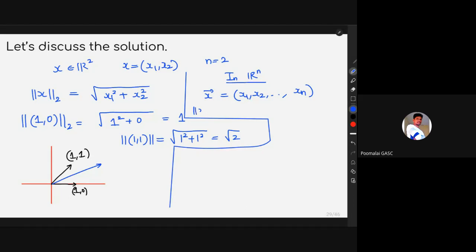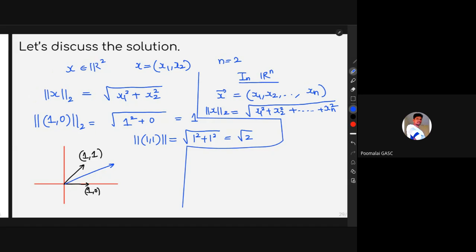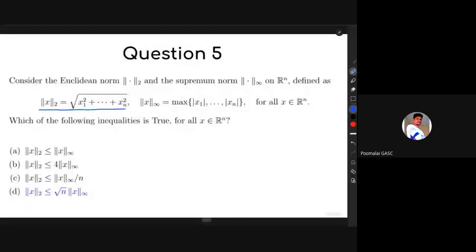So similarly I can generalize this length or distance, or this Euclidean norm, in this way. That is what is given in the definition as well. So this is the first definition of Euclidean norm.